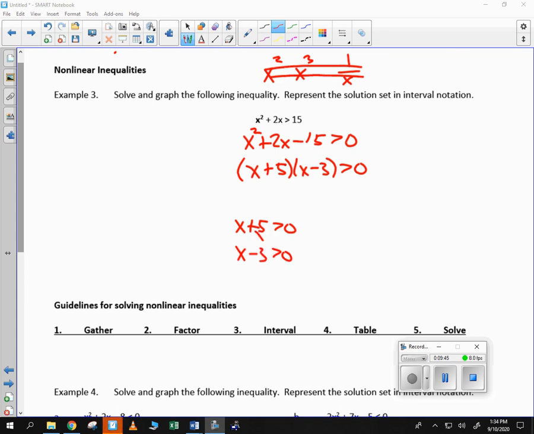As you solve that, you get x greater than negative 5, and you get x greater than 3. And that, just frankly, is not the solution set. At this point, you have one of two options. You either need to consider a number line test, or if you don't do the number line test, you need to look at the graph.